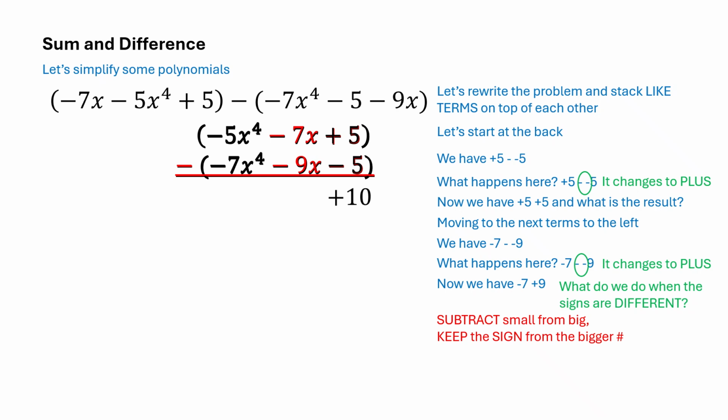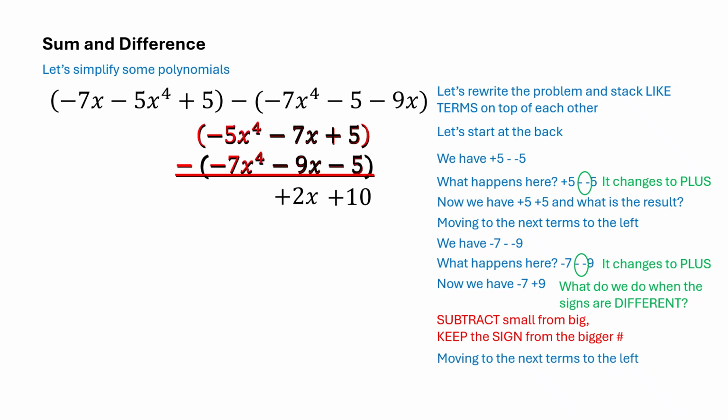We subtract the small from the big, keep the sign from the bigger number. So in this case, we subtract 9 and 7, which will give us a 2. But because the 9 is a positive, it's going to be a positive 2x. Please make sure you're watching over to the right and not where the problem is highlighted on the screen, simply because we have to adjust the signs.